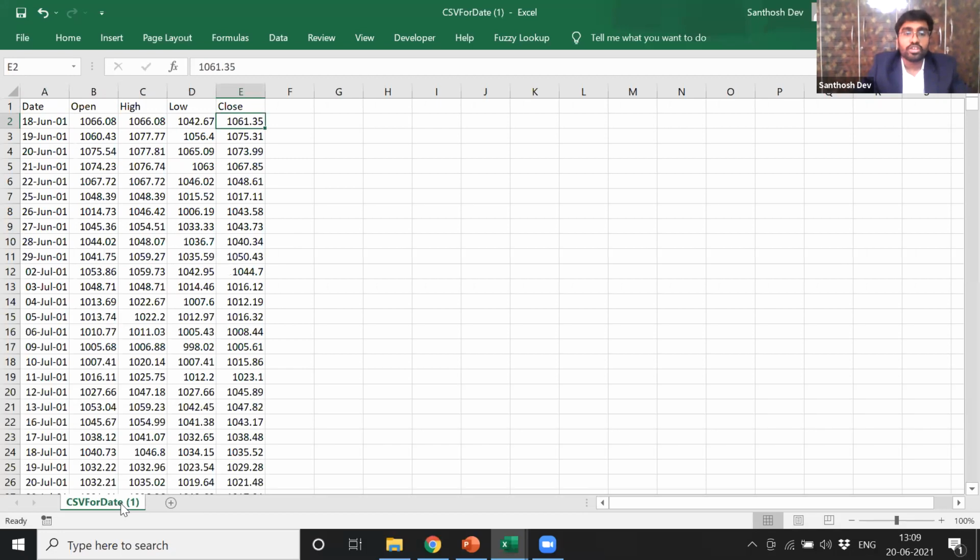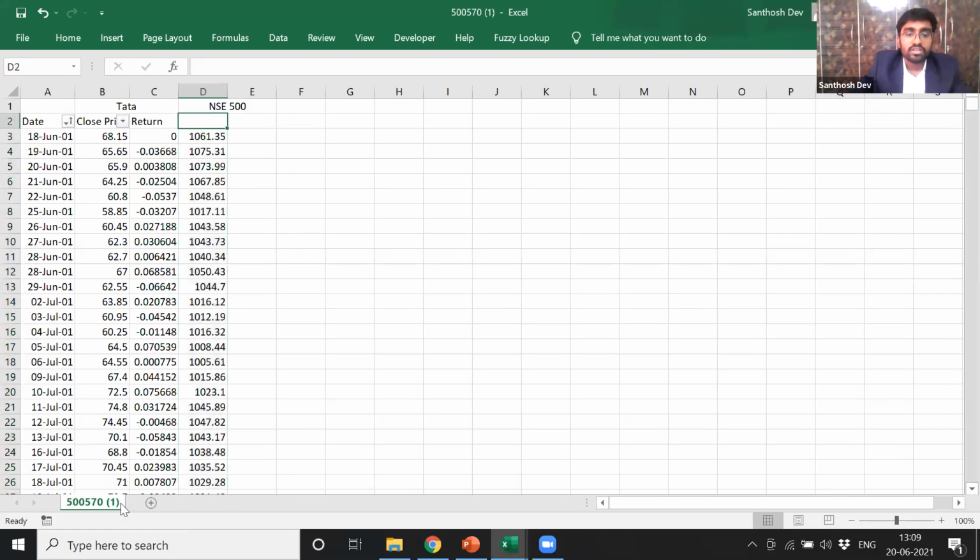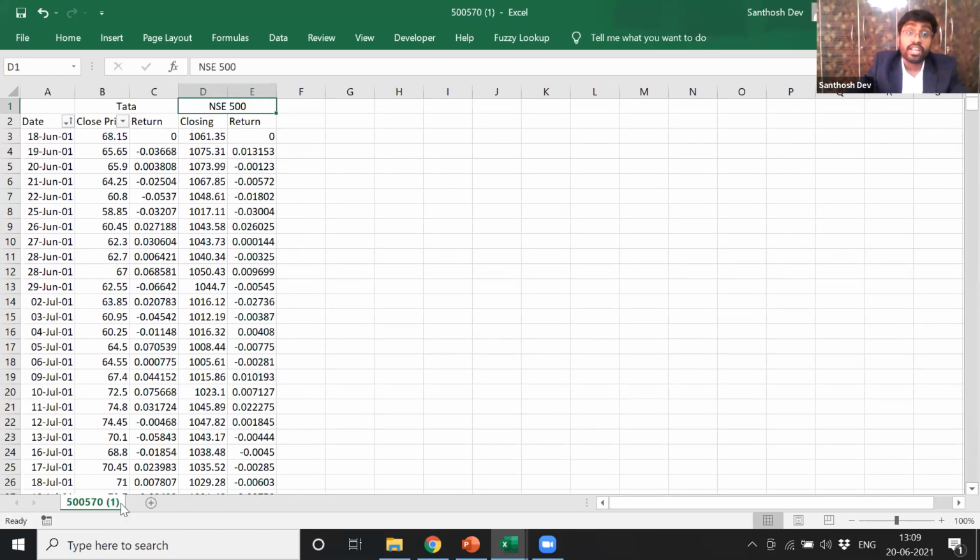I'm going to take the closing values. So whatever I've done there, I'm going to do a similar thing here. This is the closing values of the index. I'm going to find out the return that I'm getting on a daily basis.